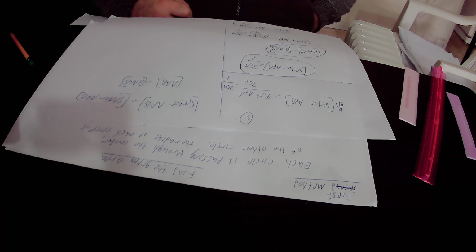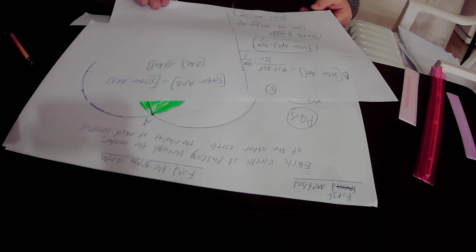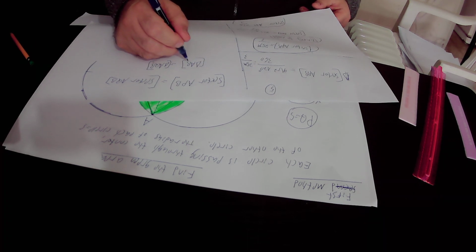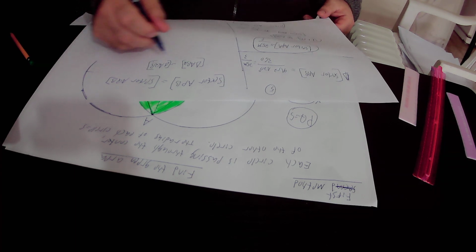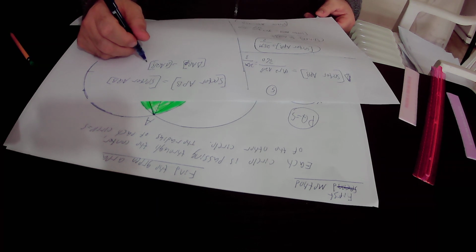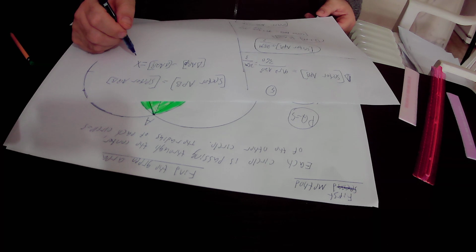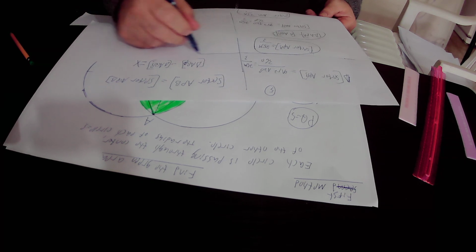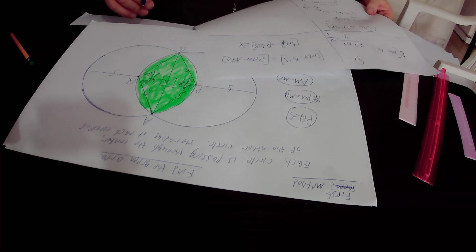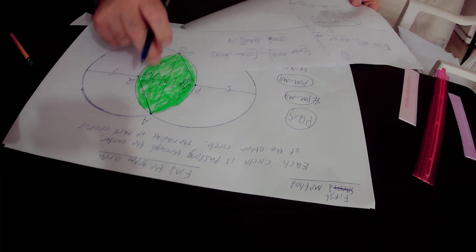So we will define the area of triangle AQB and triangle APB as x. They are equal to each other, so both of the areas are equal to x square units. And what is the area of segment AQB?